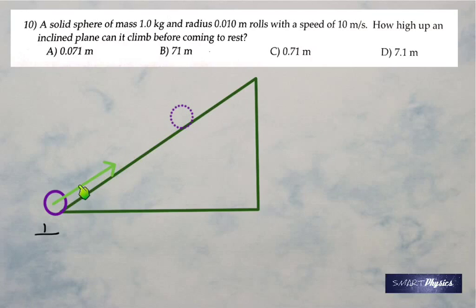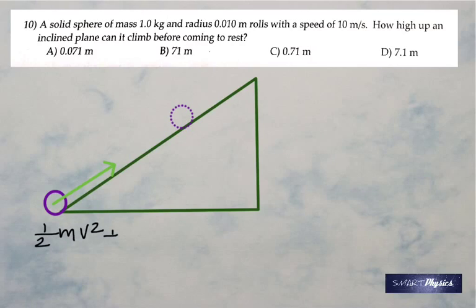Its total kinetic energy decreases as it goes up and gets converted into potential energy. Whatever kinetic energy it had at the bottom will change into potential energy at the top.